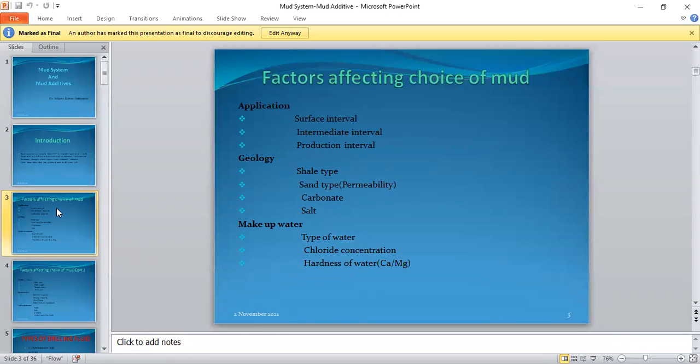Also, make-up water. What type of water do you have that is available for you? Remember, you may be drilling offshore, where they don't have a borehole. You may be drilling on land, where you can drill a borehole. Is it possible to drill a borehole? Or will they be bringing water to the rig for you, like in offshore and swamp?